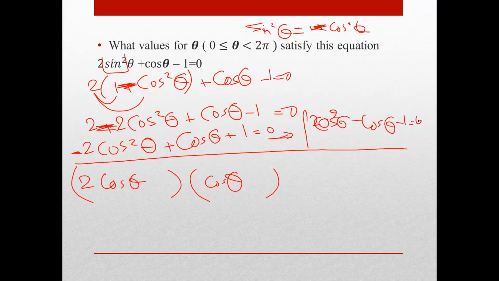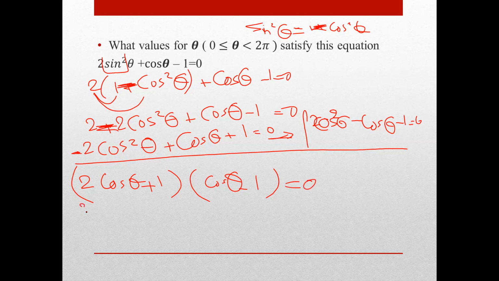Now 2 cosine theta times cosine theta, and positive 1 and negative 1. If you put negative here, it will be negative cosine plus positive 2 cosine, so positive here, negative here. So it will be cosine minus 2 cosine is negative cosine, yes, equals 0.